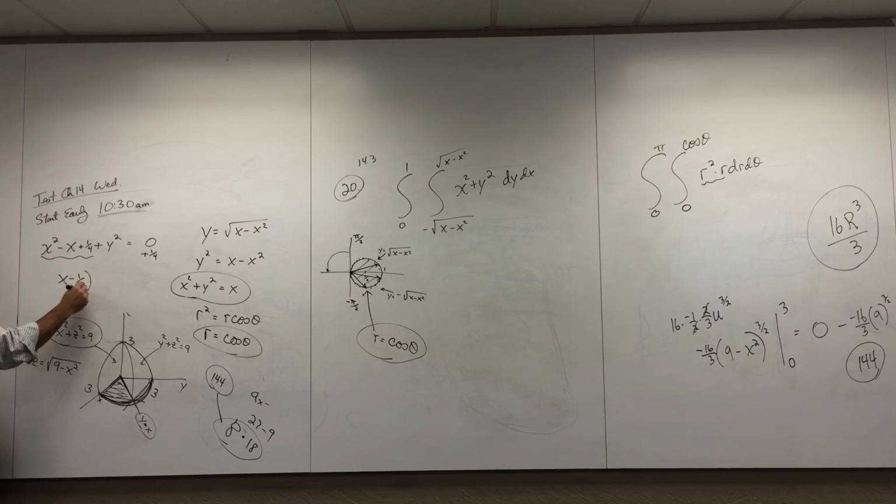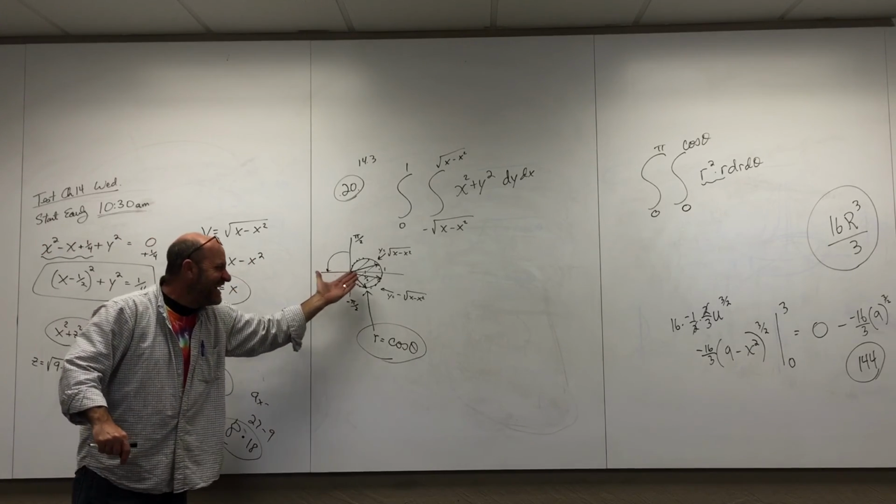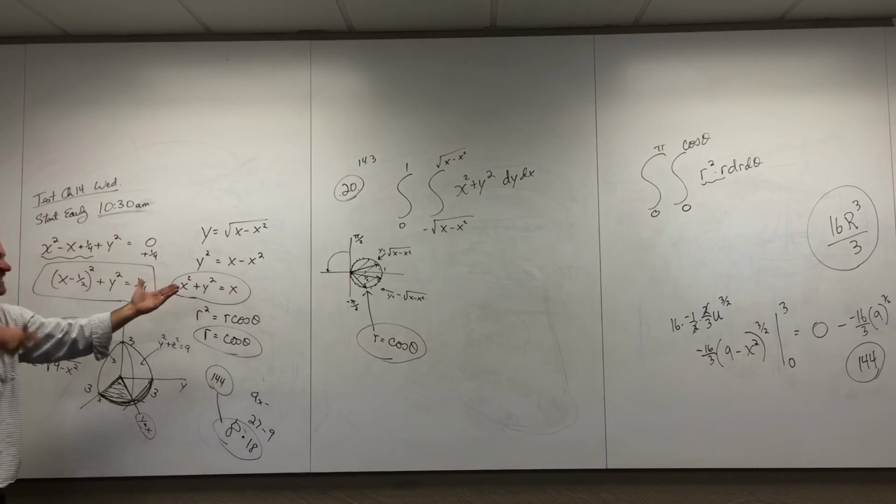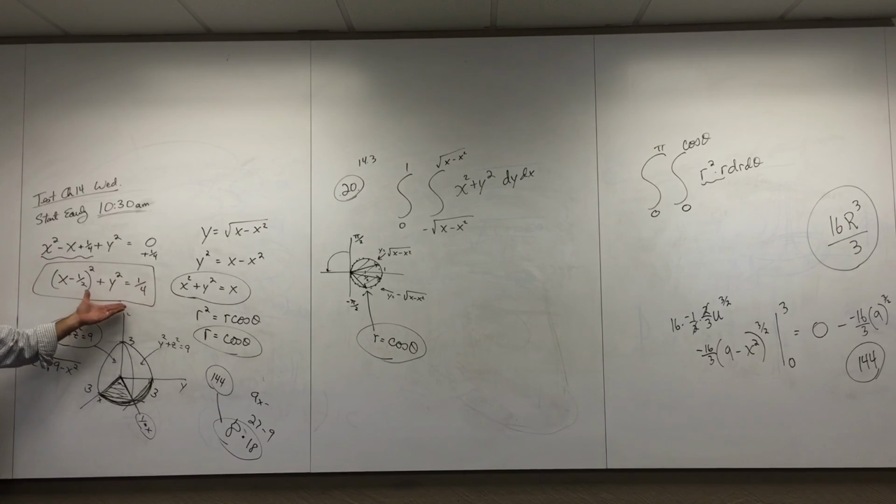You know what it is? It's x minus 1/2 squared plus y squared equals 1/4. Now, if you're good, you can stare at that and say, oh, dude, that's a circle centered at (1/2, 0), radius 1/2. Which is what we said. I mean, it's so funny how you can say the same thing six different ways.